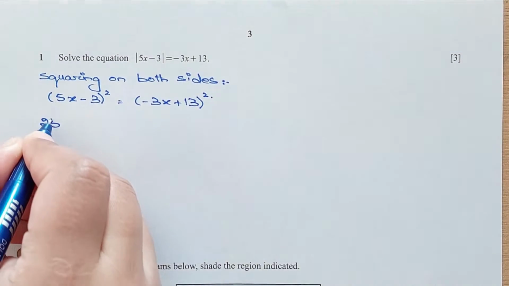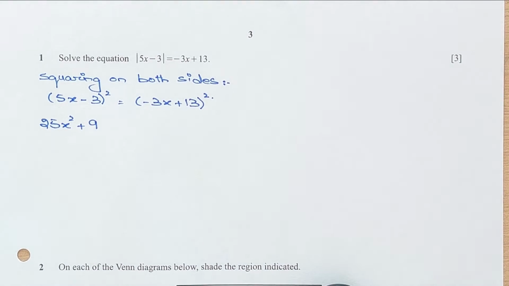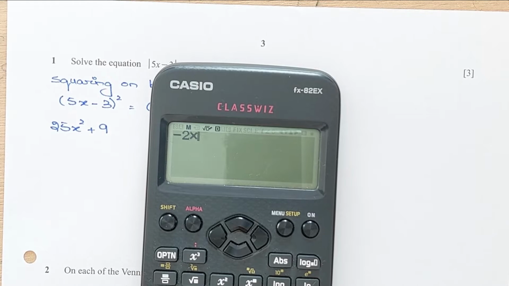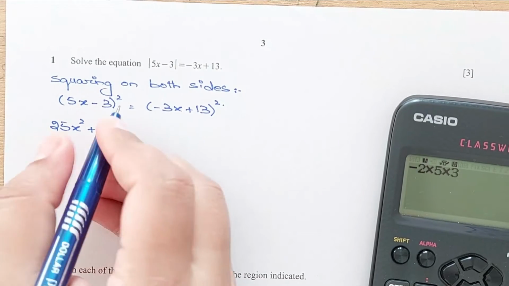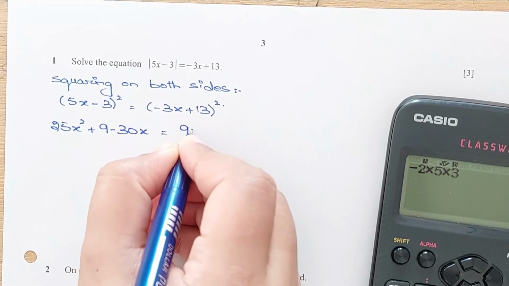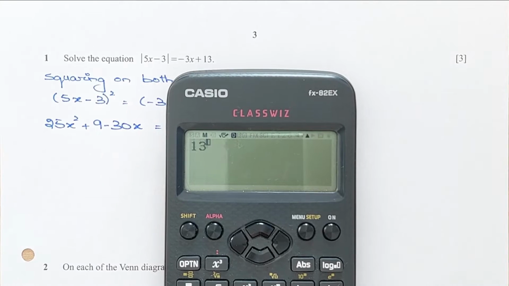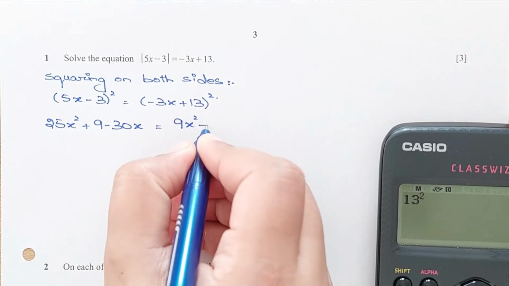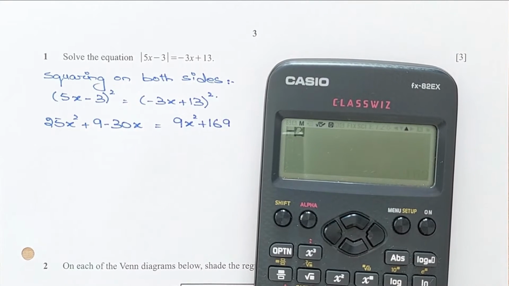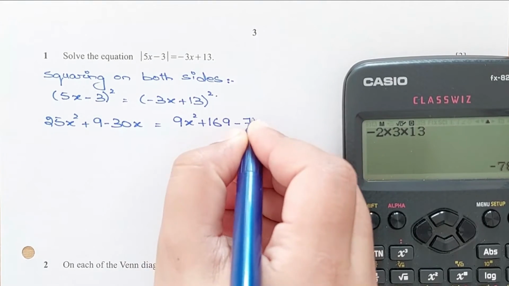This is 25x square, 3 square is 9, minus 2ab, so negative 2 times 5 times 3, negative 30x, equals 3 square is 9x square, 13 square is 169, plus 169, and 2ab is again negative 2 times 3 times 13 is minus 78x.